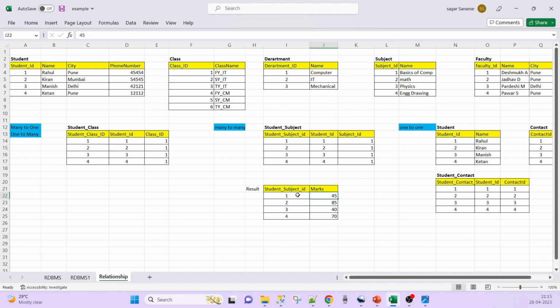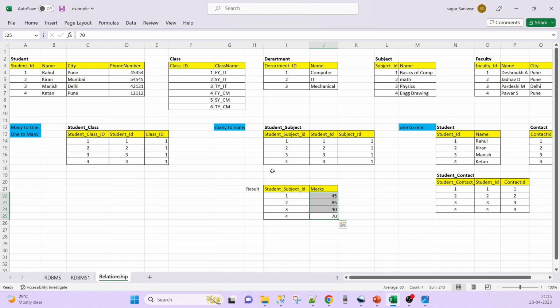Here is the student ID Rahul and subject ID basics of computer, and there is an identity for this column, and how many marks that student got on that subject, 45 or 85. In this way we can build the model.